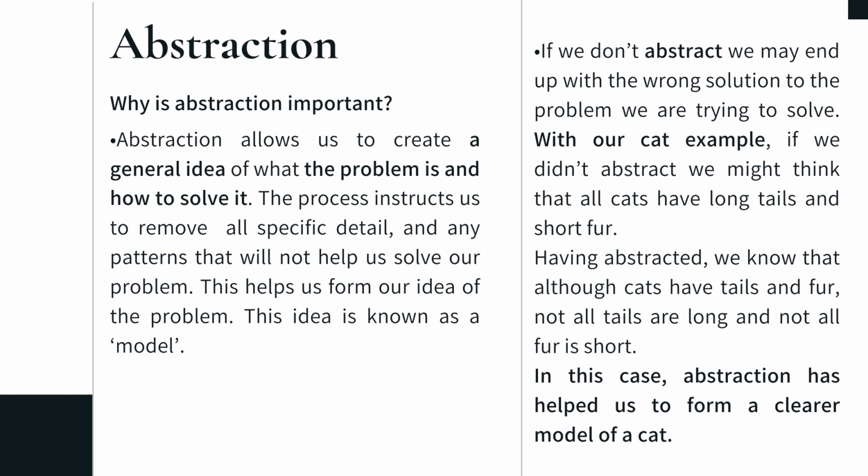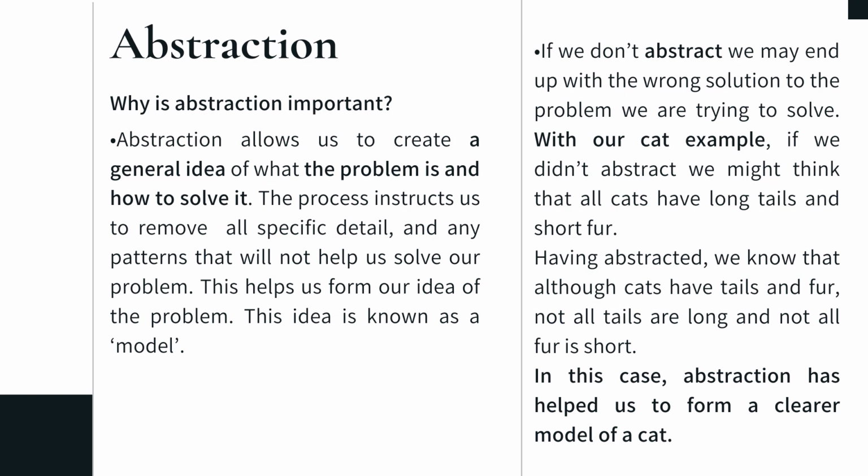As we mentioned before, any specific that is not important, we just remove it because it's not going to help in the process. So any patterns that will not help us solve our problem, we just remove. And this process helps us to form our idea of the problem. This idea is known as a model.